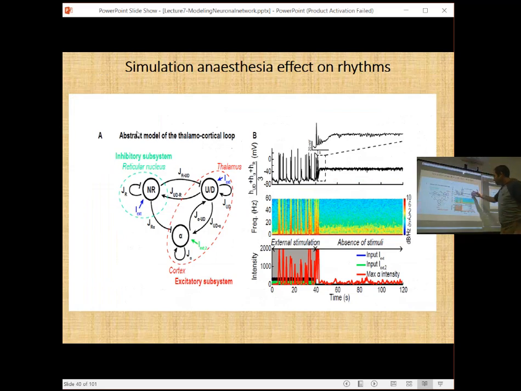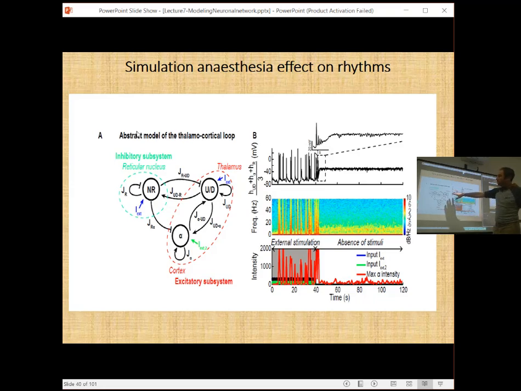Yeah, so again, this is an example. You have an external stimulation. You remove any stimuli. So again, you have external stimulation. Suppose you impose here some kind of external input, and then you stop it. What do you see? How is the system behaving? Right?